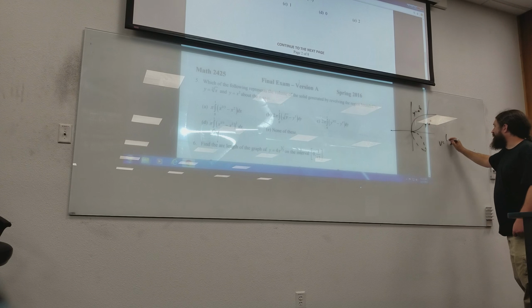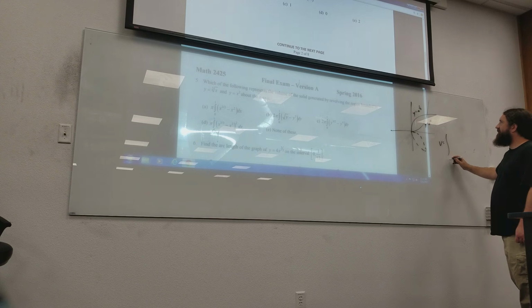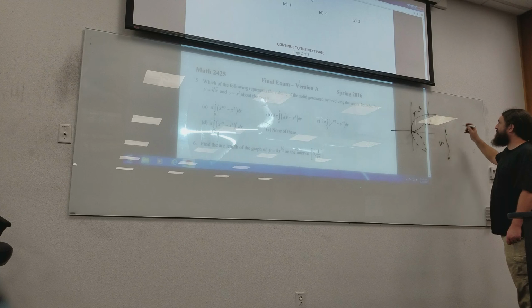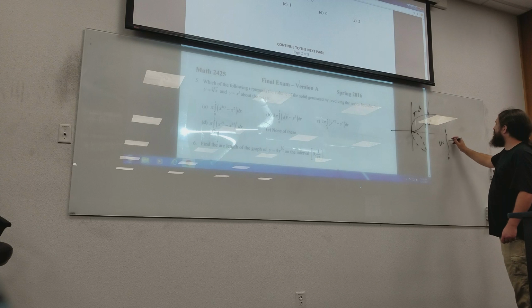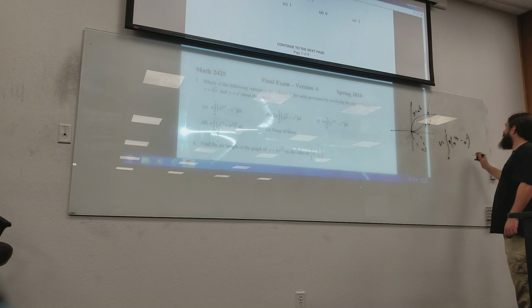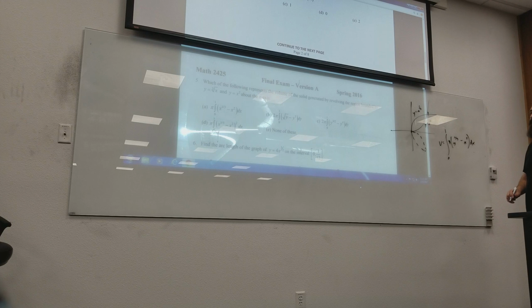So my volume one way is the integral from 0 to 1, because that's 0, 0, and that's 1, 1, of pi times my outside radius squared, which will be x to the 2/3, minus my inside radius squared, which is x to the 4th. All right, how does that show up? Yeah, D.